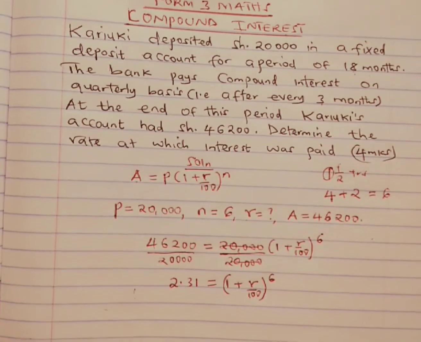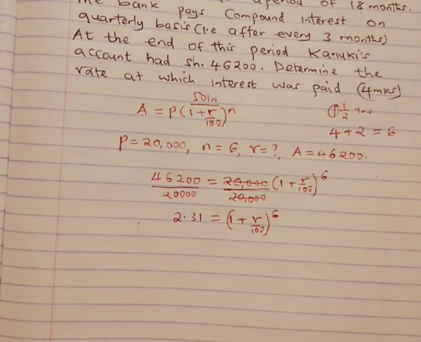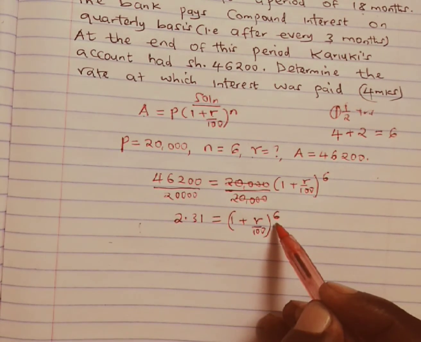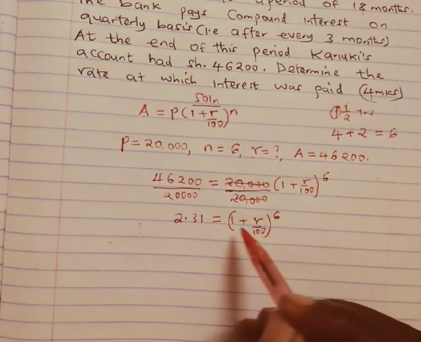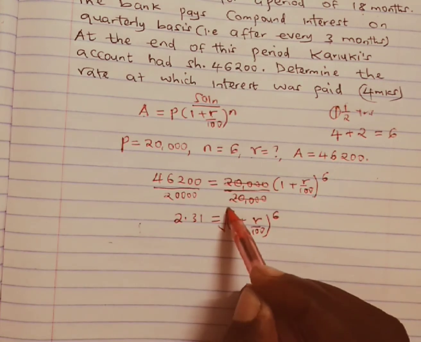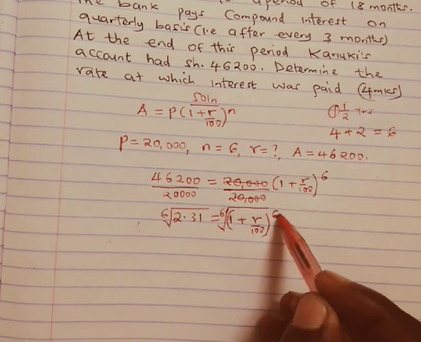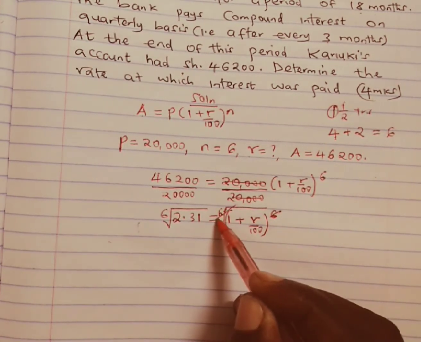After that, now, we are going to eliminate the power of 6 by getting the 6th root on both sides. That is, we take the 6th root on both ends, where the power of 6 and the 6th root cancels.